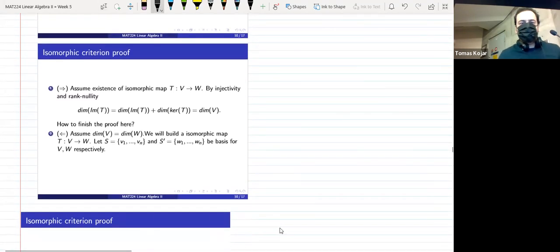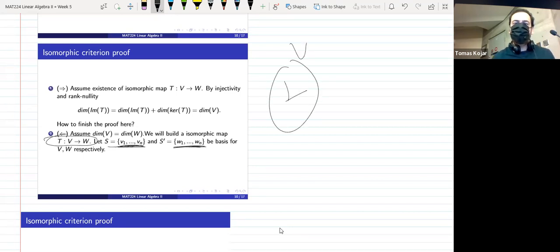All right. How do you build this map T, just by knowing that the dimensions match? Well, dimension means the size of the basis of V is n, and the size of the basis for W is also n, right? So you have V, and you can cover it with v1, v2, v3, and so on.